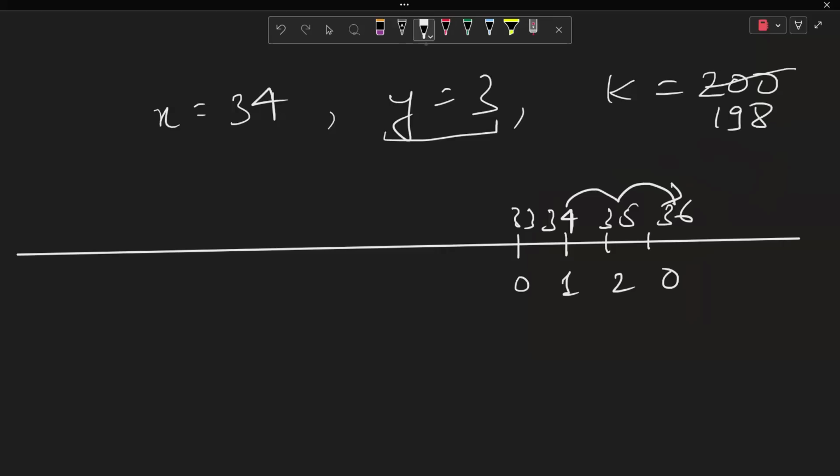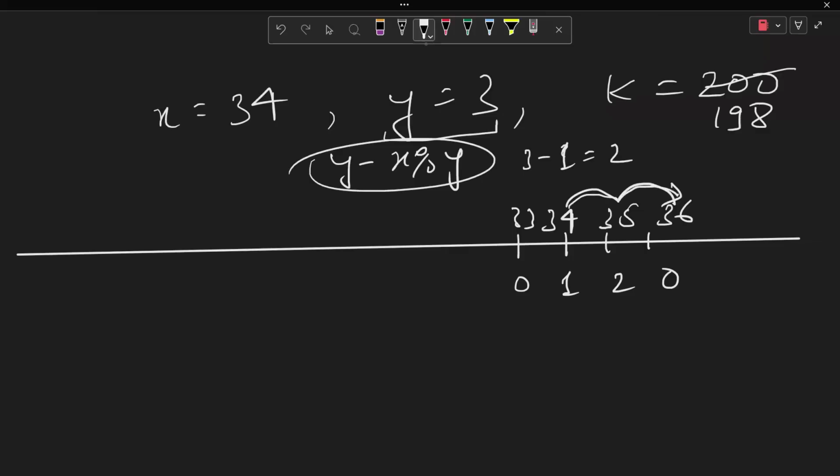I use 2 operations, now 198 operations remaining. And how did I calculate 2? 2 was y minus x modulo y. y was 3, so 3 minus 34 modulo 3, which is 1, gives 2. So in 2 steps we are reaching the end.